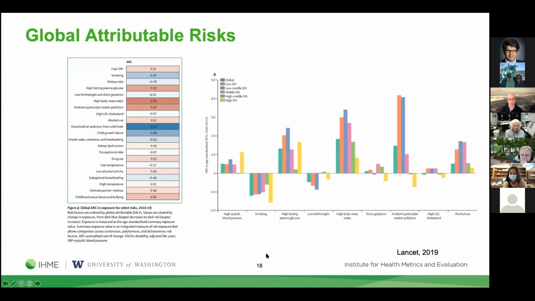So I told you that smoking is going down, and you can see, thankfully, smoking appears to be going down everywhere. But you can see that there's some differences, right? So we see declines in low birth weight, short gestation period for neonates, and ambient particulate matter, high LDL cholesterol in just high SDI locations for the most part, whereas those risks are continuing to increase over the last 10 years or so in most other parts of the world.